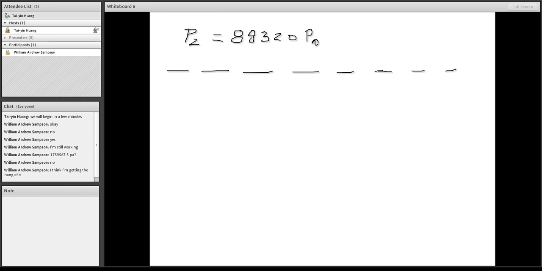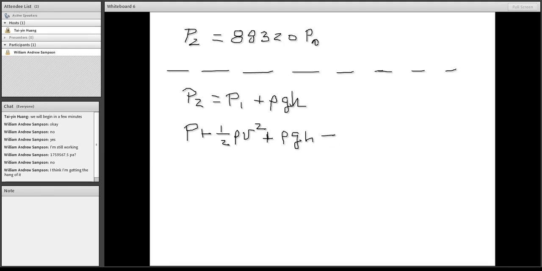If you recall, last time in class we mentioned that the pressure in a fluid can be calculated as P2 is equal to P1 plus rho g h. And then we also have P plus 1/2 rho v squared plus rho g h, that is a constant. This is Bernoulli's equation.